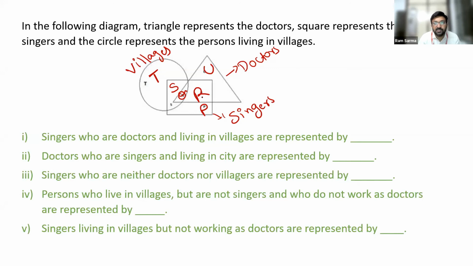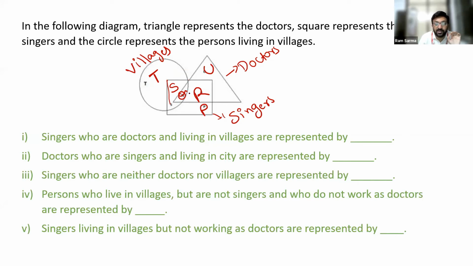So singers. So we should look at the rectangle first. Sorry, the square first. It doesn't make any difference in this sense. Singers is about the square. Who are doctors? So that should be the common area for these two things, square and the given triangle.